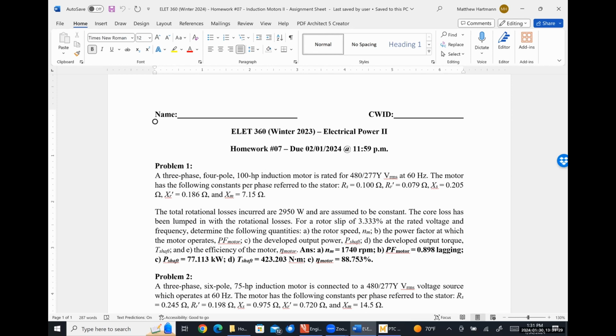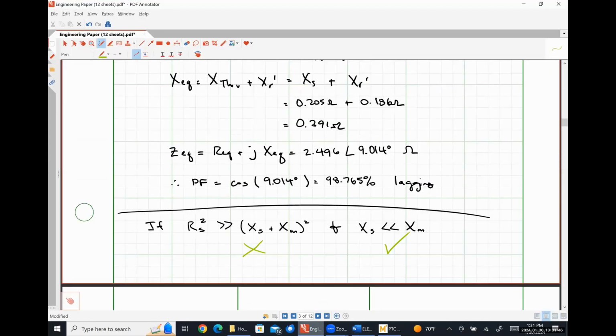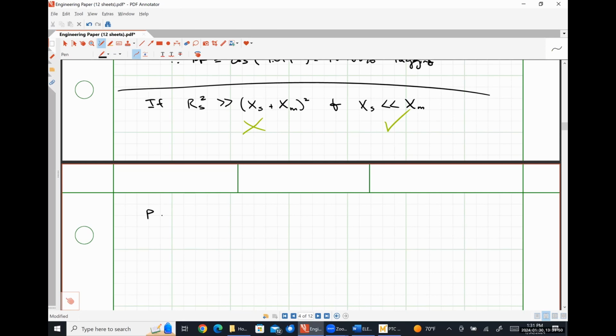Power for the shaft is going to be the input power, which at present we don't know, minus my total copper losses, minus my rotational losses. The rotational losses were given to us, right?